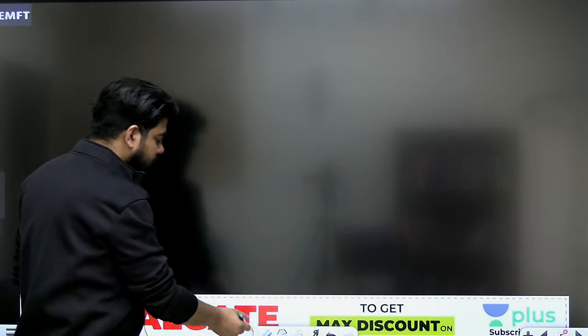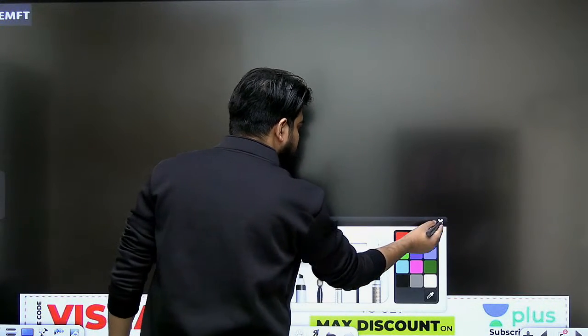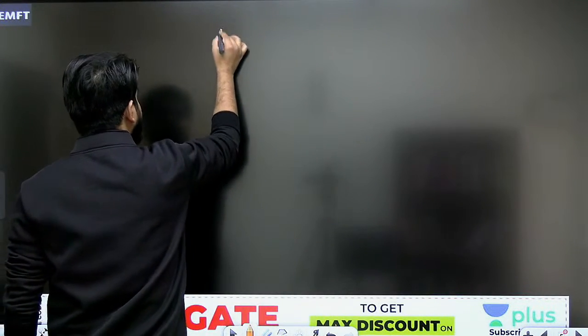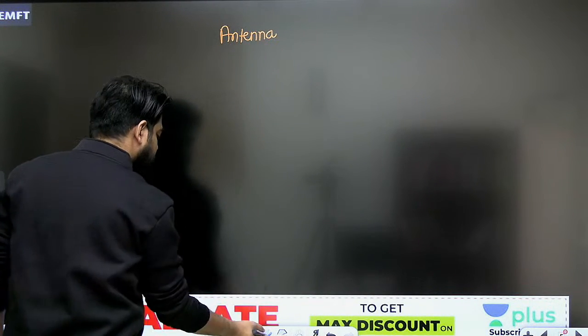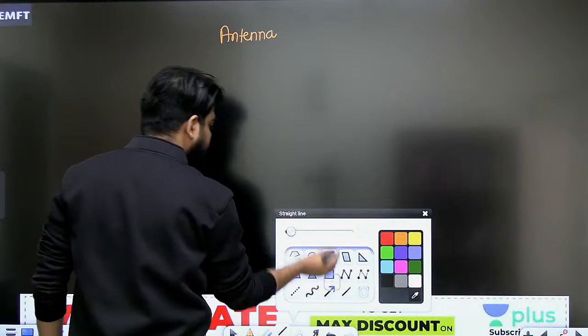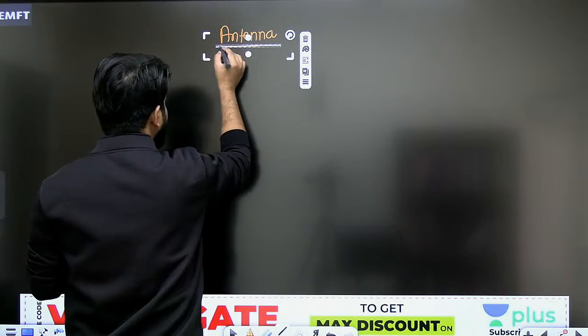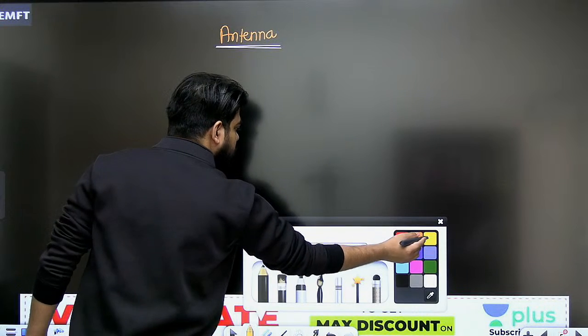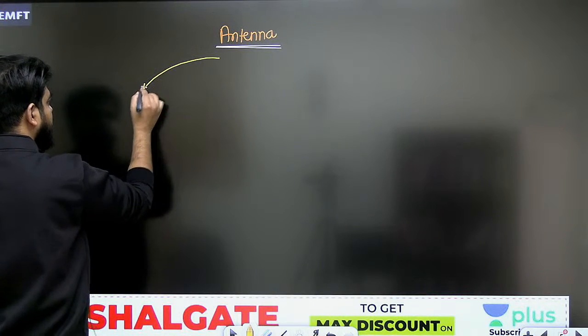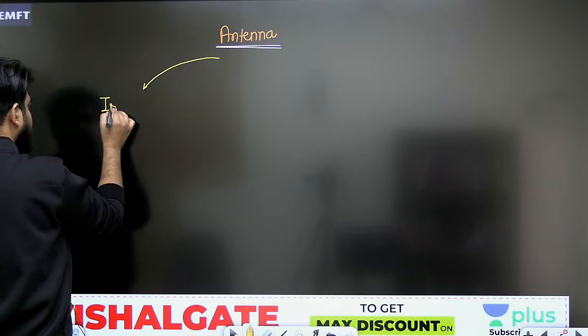So how many types of antennas are there? Let me give you some antennas, and on the basis of that we will try to find out their radiations. Generally there are three types of antennas which we can talk about. One is the isotropic antenna.